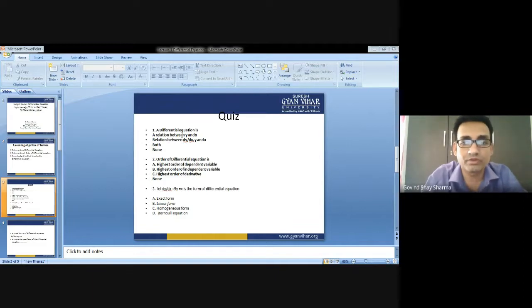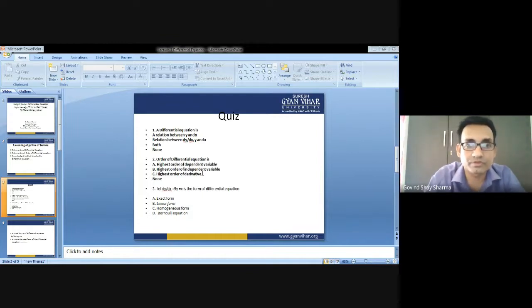I write the first line: a differential equation is the relation between the dependent variable, independent variable, and their derivatives. So the first one, the relation between dy upon dx, y, and x, is the right option.